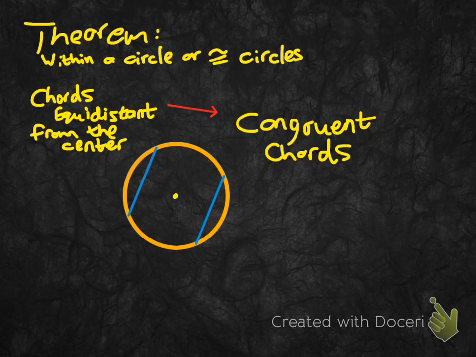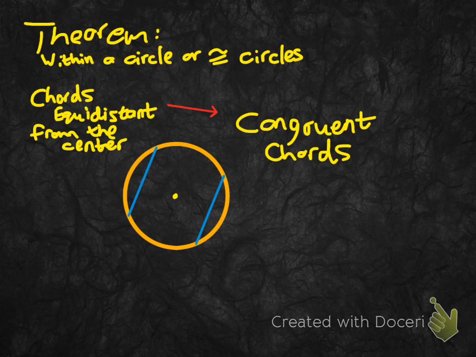If I know that they're equidistant from the center, which means, again, to measure distance, we have to meet at 90 degrees. So if I know that this length is congruent to this length here, then I can say that the chords themselves, these blue chords, are congruent to each other.